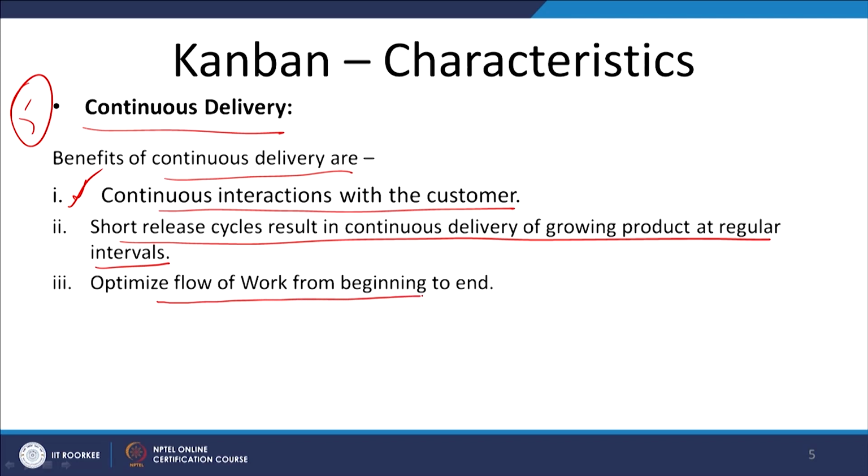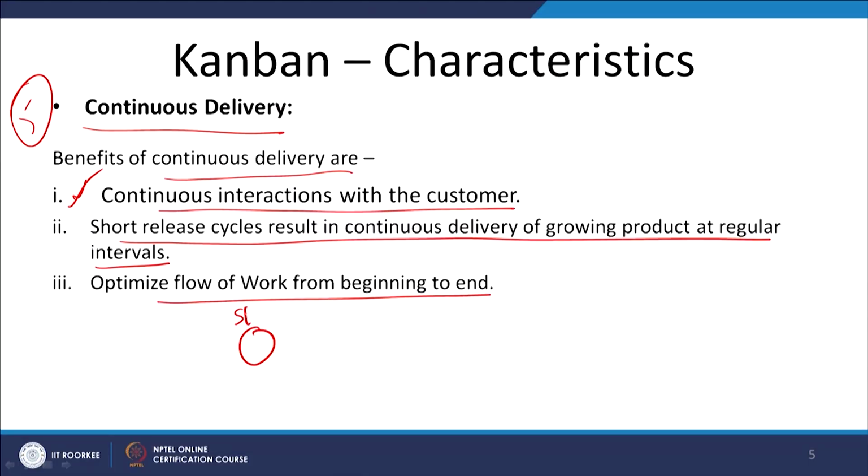So, you develop a short release cycle which helps you in continuous delivery, and that is the essence of this particular aspect of continuous delivery systems in the Kanban, and it also optimizes the flow of work from start to end.